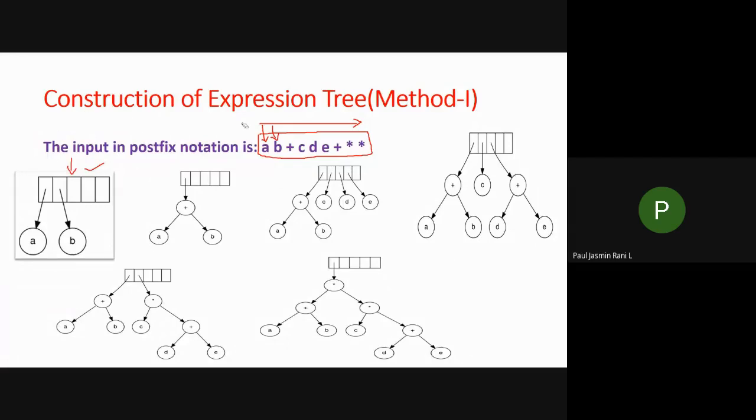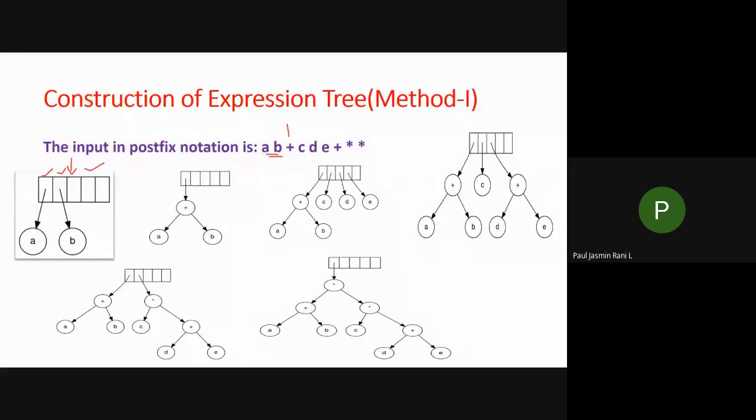So first let us consider you got the two operands. Simply I'm going to push the two elements A, B inside the stack. The first element is A, I create a node and push that inside the stack, and the second element is B, and I push that inside the stack.